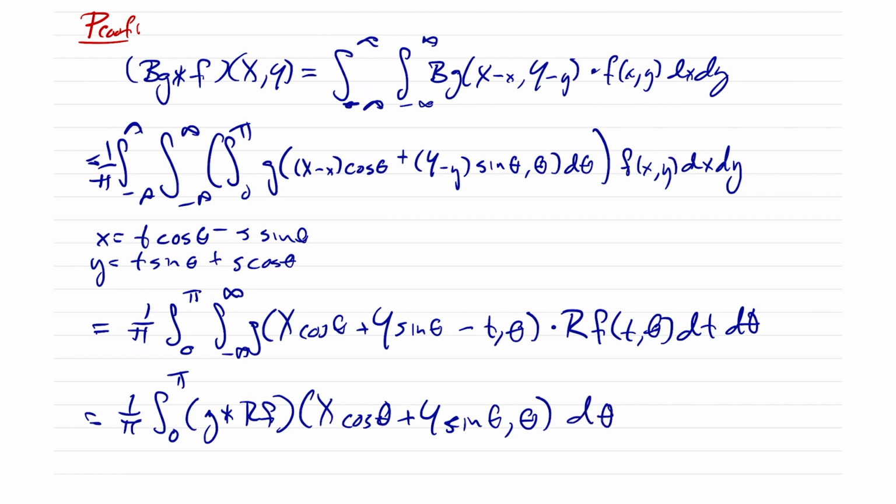And ultimately this is the back projection of g convolved with the radon transform of f, evaluated at x comma y. And there we go.